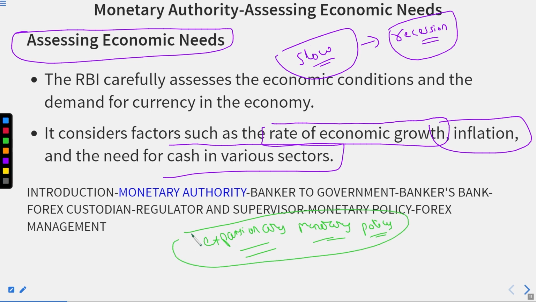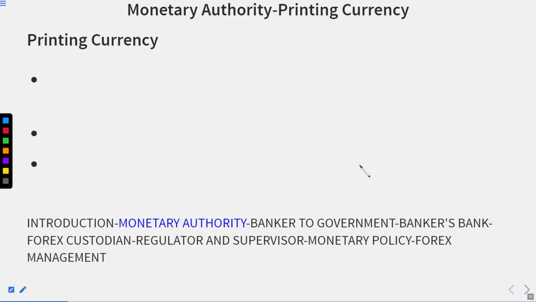But when there is inflation, meaning prices are already higher, it is a case of contractionary monetary policy. It means the RBI will try to withdraw the excess money from the money supply. So this totally depends upon the economic needs, whether to infuse the money or to withdraw the money.